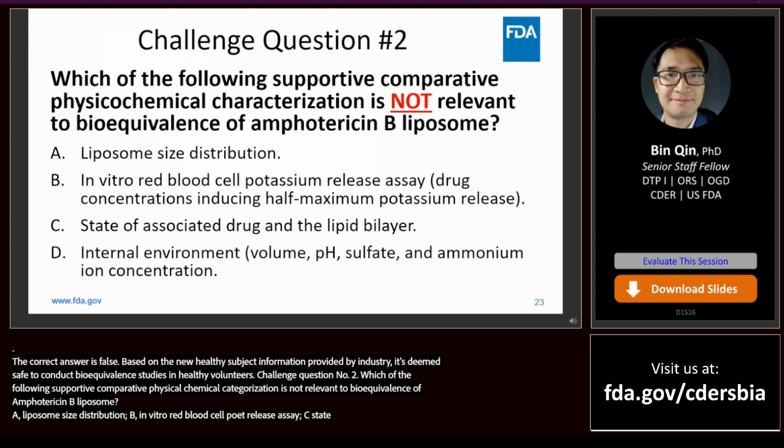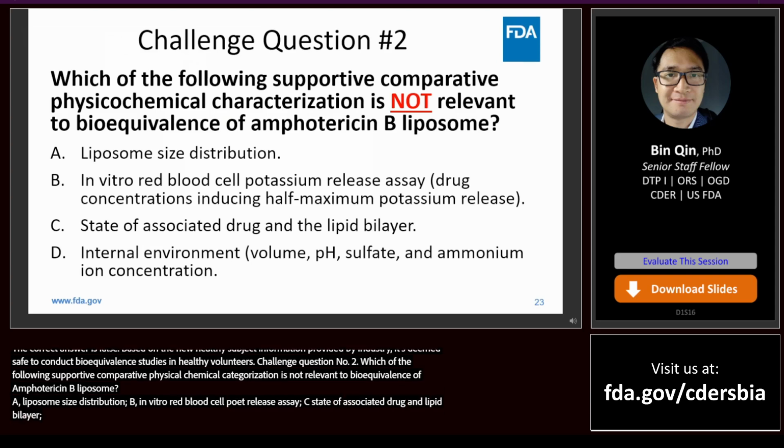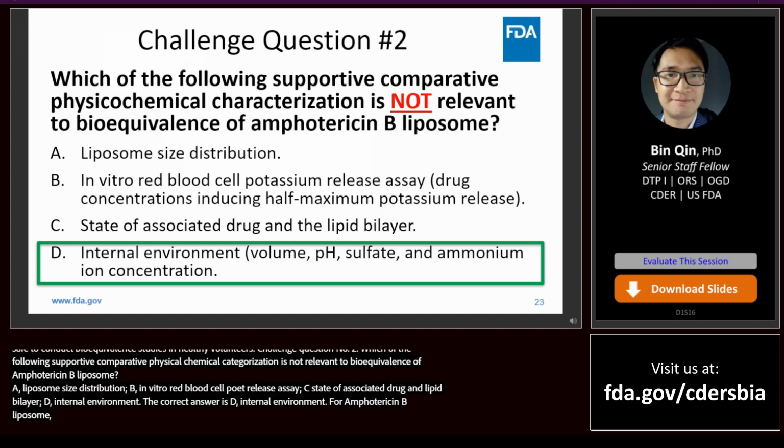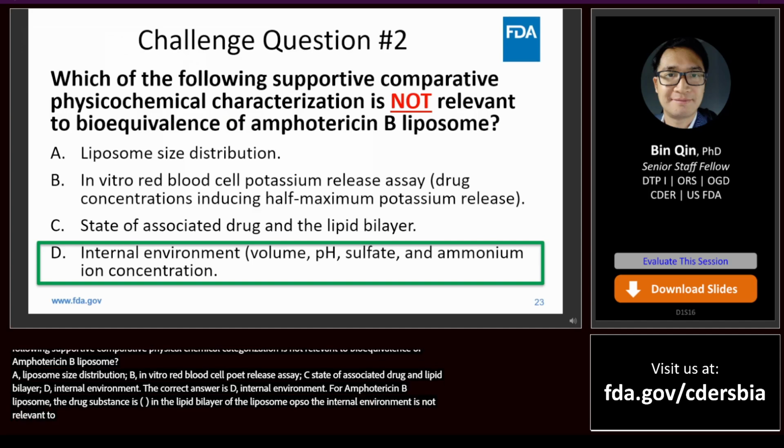And D. Internal environment. The correct answer is D, internal environment. For amphotericin B liposome, the drug substance is intercalated in the lipid bilayer of the liposome. So the internal environment is not relevant to the bioequivalence of this drug product.